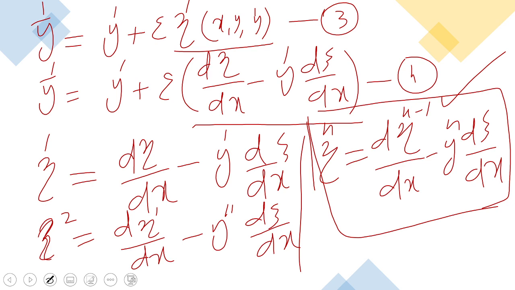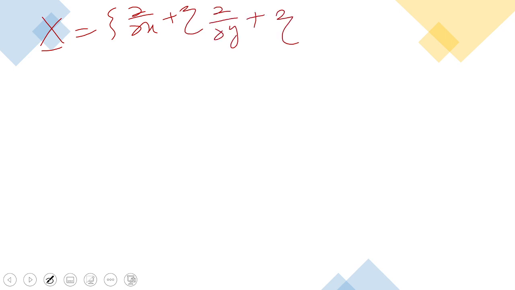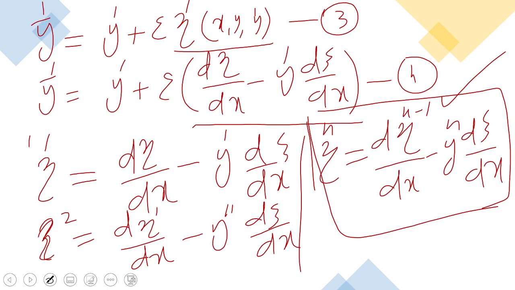So first order extension, you see, if I have a generator X, ξ ∂/∂x, η ∂/∂y, so its first extension will be plus η1 ∂/∂y', and eta 1 can be calculated from this equation.